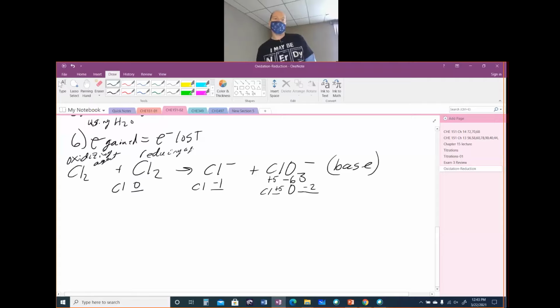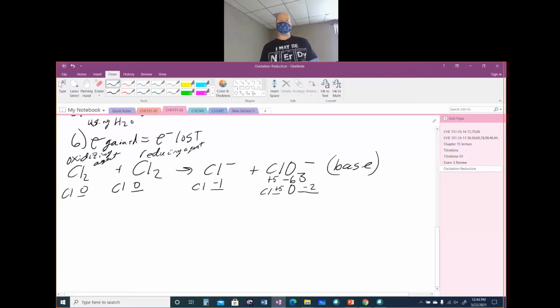When there's only one reactant in an oxidation reduction reaction, then it is both the oxidizing agent and the reducing agent. Because when we break it into two half reactions, we're going to have Cl2 going to Cl minus. We're also going to have Cl2 going to ClO3 minus. And so we can write it twice.